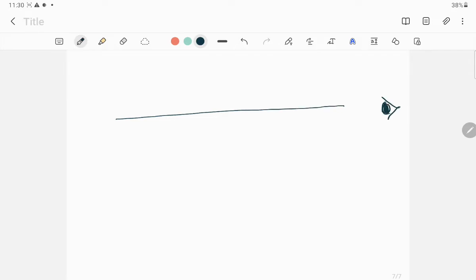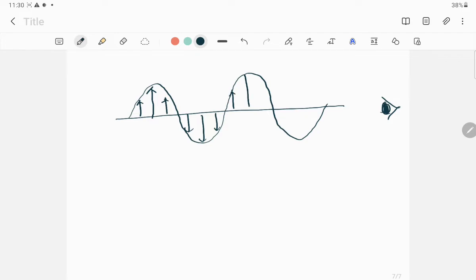We need to be very careful while drawing it and take care of all the components. This is the amplitude here, then it decreases, becomes 0, again increases. That's all. Now I will introduce the E2.